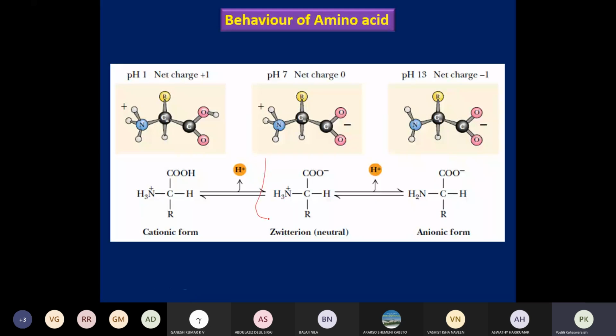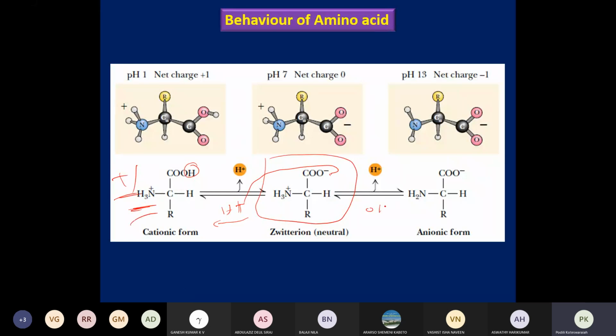For example, below the isoelectric pH, in the sense where the H plus ion concentration is more, this H plus ion combines with the COO minus and it becomes COOH. Therefore, the net charge is positive and the amino acid becomes a cation.